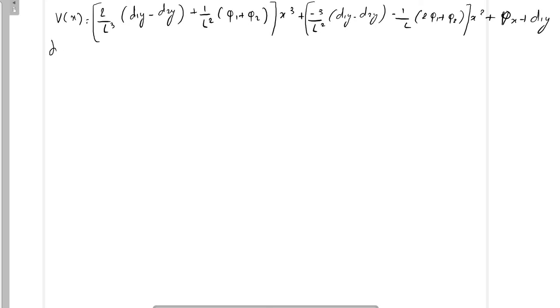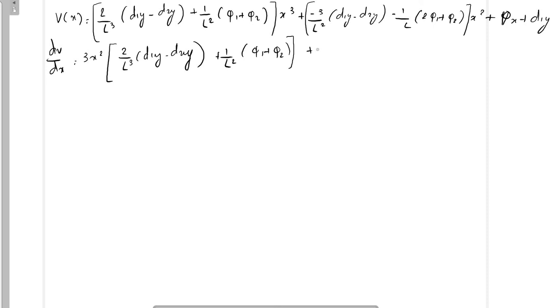Now I am going to differentiate. dv/dx is equal to 3x² [2/L³ (d1y − d2y) + 1/L² (Φ1 + Φ2)] plus the second term, x² differentiated gives 2x, times [−3/L² (d1y − d2y) − 1/L (2Φ1 + Φ2)], plus Φ1.